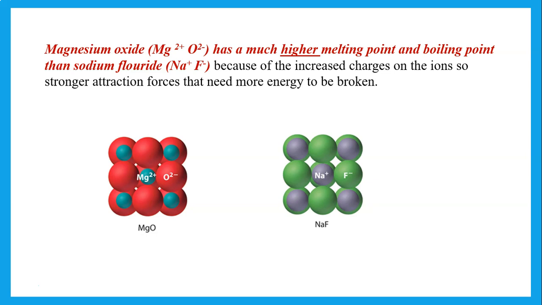While Na plus F minus, for example, they have just 1 positive with 1 negative. So the increased charges on the magnesium oxide means there is stronger attraction forces between the ions, and that needs more energy to be broken. So something like magnesium oxide will have higher melting point than sodium fluoride or sodium chloride and so on.